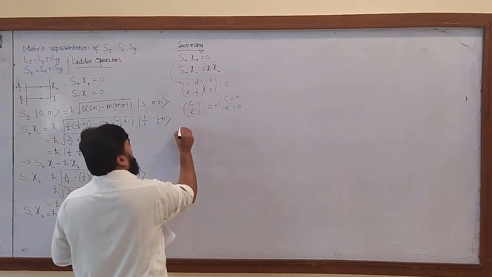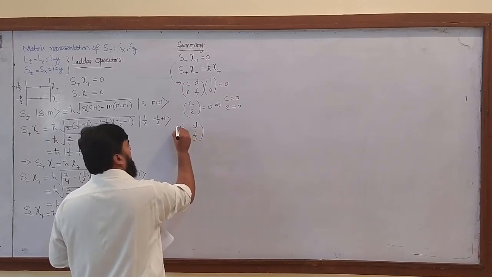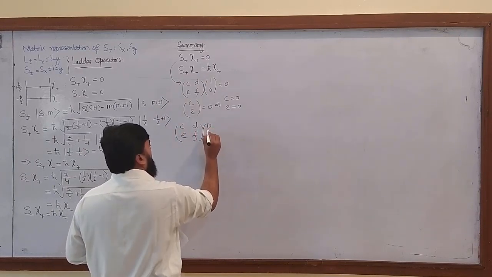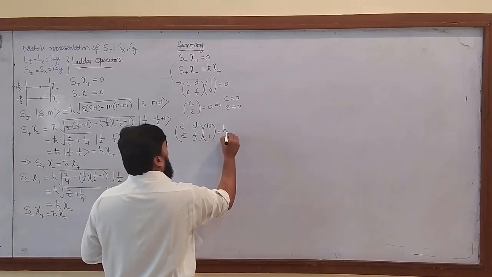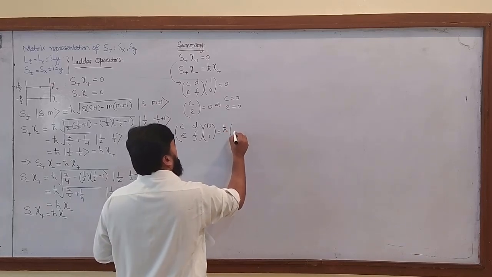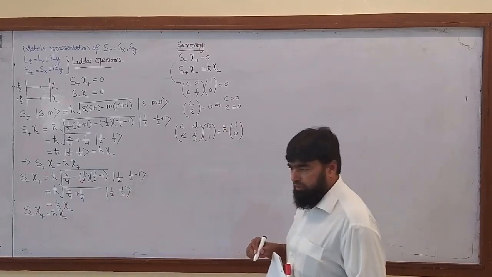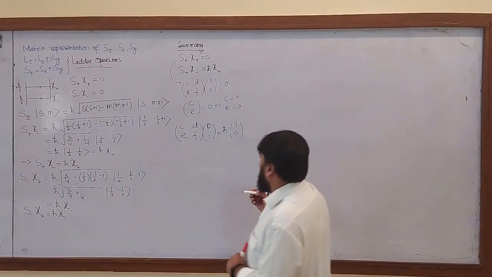And when I write this equation, S plus C, D, E, F, when it operates on chi minus, which is 0, 1, it gives you h bar and 1, 0. Clear? h bar, 1, 0, chi plus.